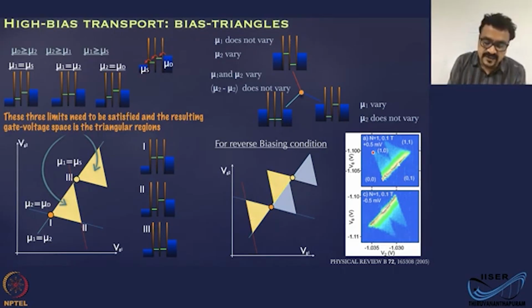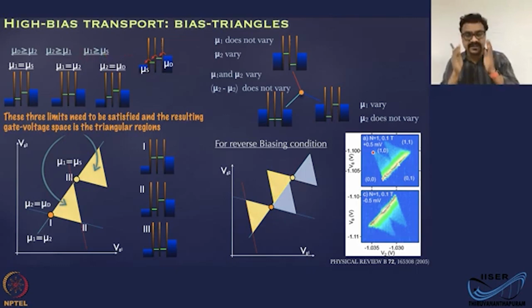Similarly, mu2 should be more than mu1, then only the electron can go here. If mu2 is less than mu1, then that electron will get locked here. It cannot go here, it cannot go here. It is locked. That means dot 2 is in Coulomb blockade. So these three conditions need to be satisfied simultaneously for the current to flow through the system.